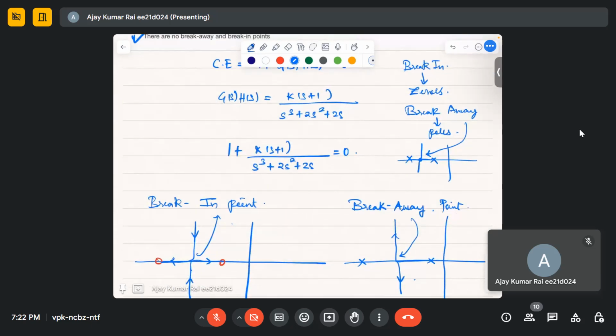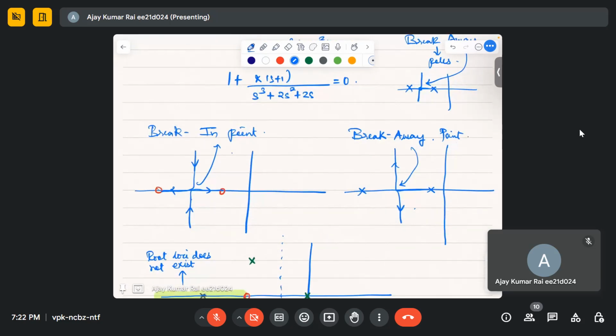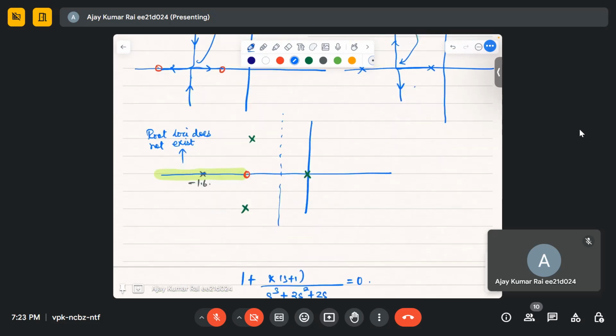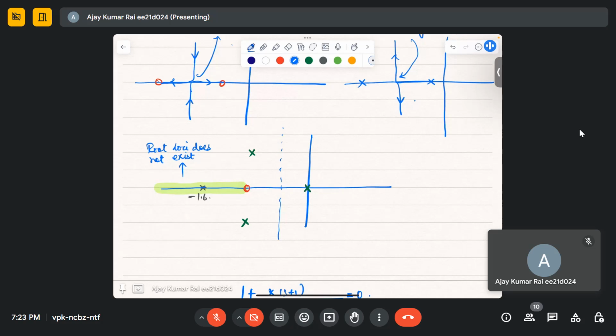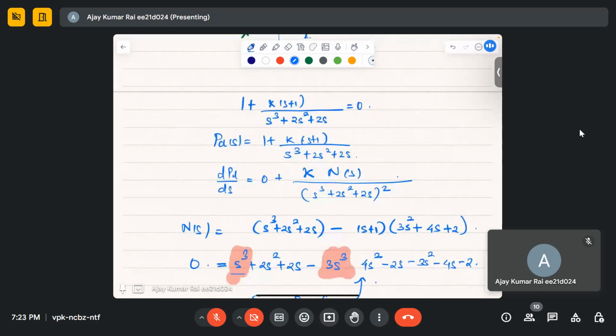Any doubt? You just see first what the definition of break-in and breakaway points is, and why it is not possible in our particular case. We can also prove that by using this equation.